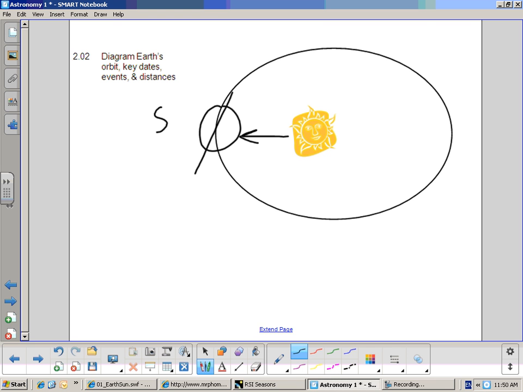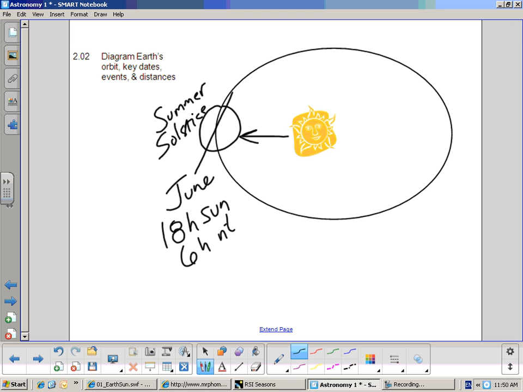We're going to call this our summer solstice. And we said this occurs in June. And what does that mean? That means we get about 18 hours of sunlight, 6 hours of night. That's our summer solstice, longest day of the year.